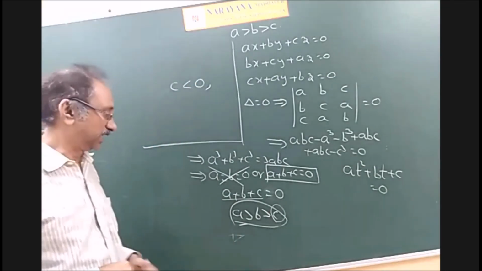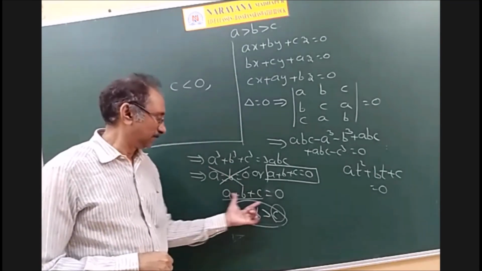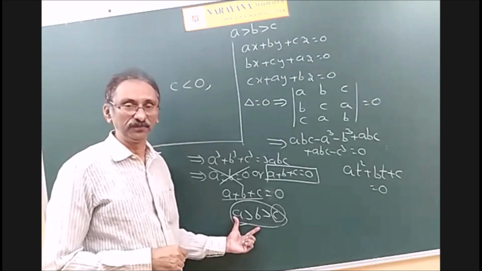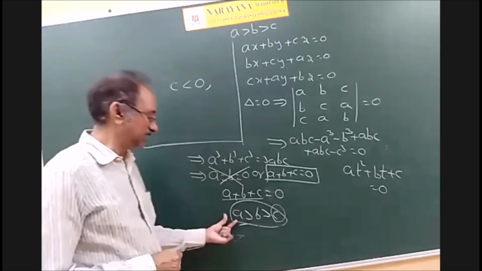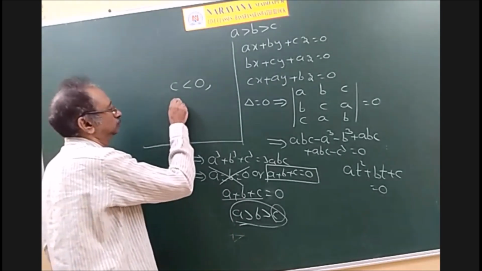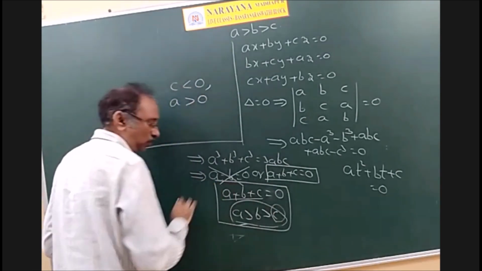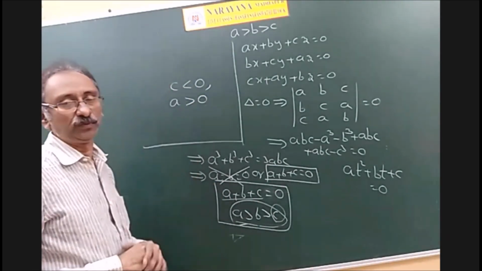And after that, if c is negative, if a and b are also negative, sum cannot be 0 again. Therefore, at least one must be positive. If b is positive, a is also positive. Therefore, in any case, a must be positive. So, from these two conditions, what we can deduce is c is negative and a is positive.